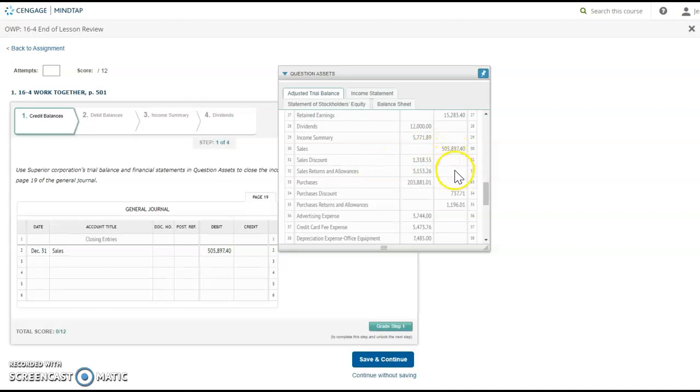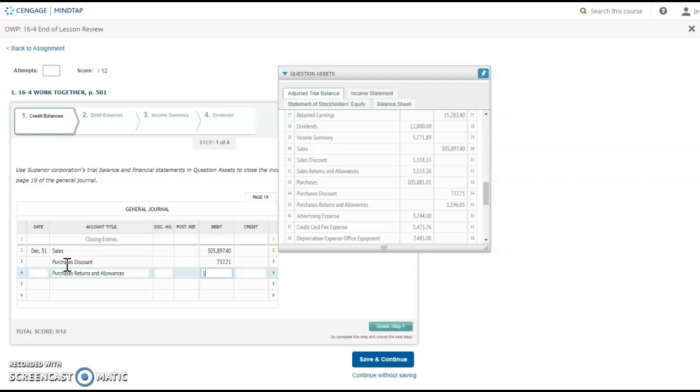Okay, I'm going to continue making my way down, and I'm finding my next credit, which is purchases discount. So I'm going to list that. And to close that account, I will debit it for $737.71. Next one is going to be my purchases, returns, and allowances.